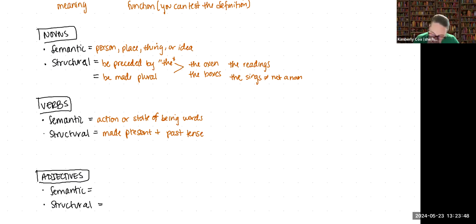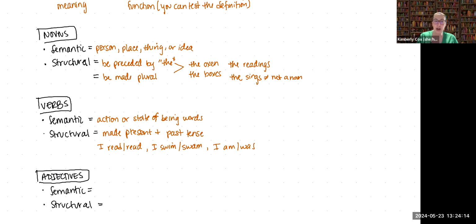So I could say I read or I read, right? I could say I swim or I swam. I can say I am or I was, and thus all of those words are verbs, right? Because they can be made present and past tense.